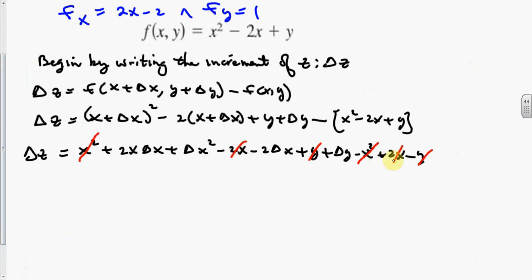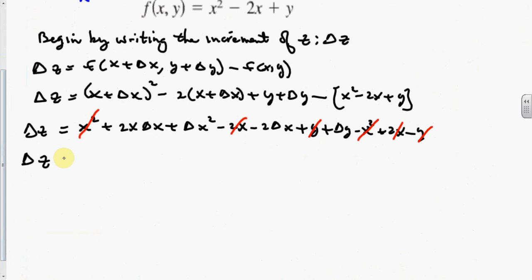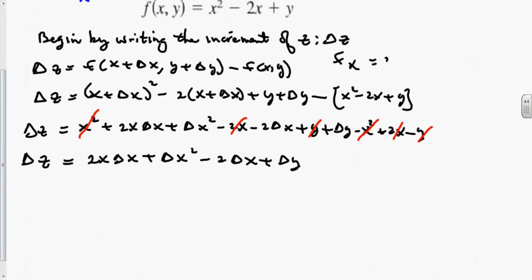Minus 2x plus 2x cancels out, as they should. Here, delta z is equal to 2x delta x plus delta x squared minus 2 delta x plus delta y. Now, we said that the partial of f with respect to x is 2x minus 2, and the partial of f with respect to y is equal to 1.